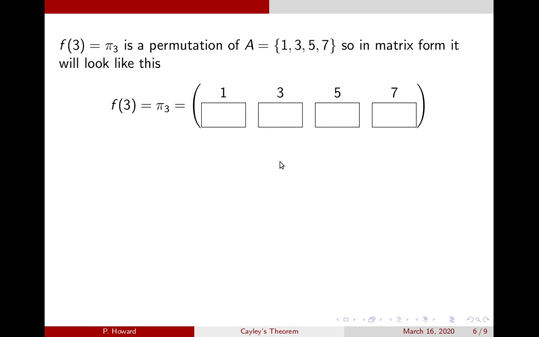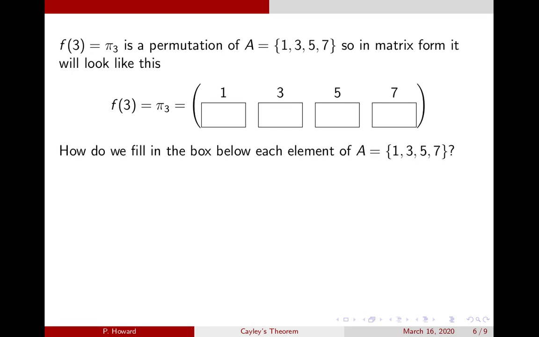To get pi sub 3, we just have to figure out how to fill in the boxes. How do we fill in the box below each element of A? The answer is we multiply the number above the box by 3 using the operation in our group, which is times sub 8.